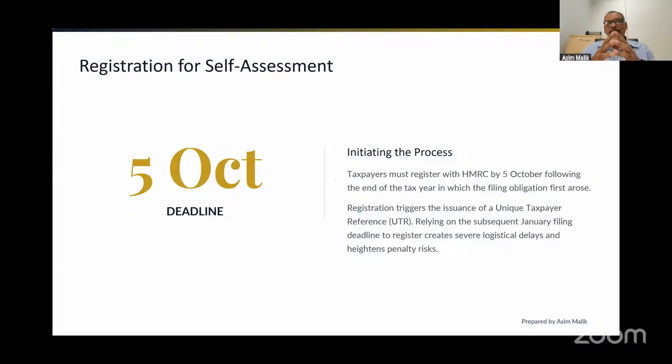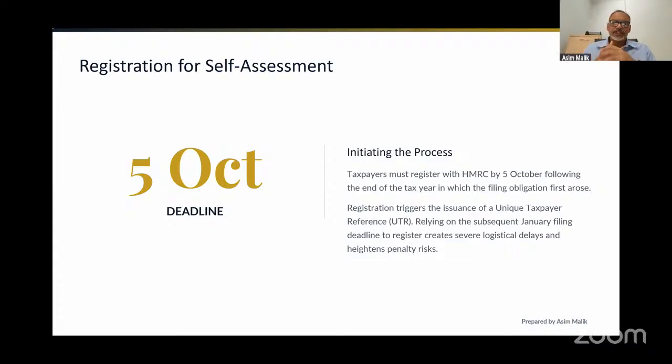My suggestion would be to apply as soon as possible because there are delays in the HMRC system. In certain cases, they are taking months to issue a UTR number. The problem is that if you don't have the UTR number, you can't file a tax return, and if you can't file a tax return in time, you will be subject to penalties. So, as soon as possible.